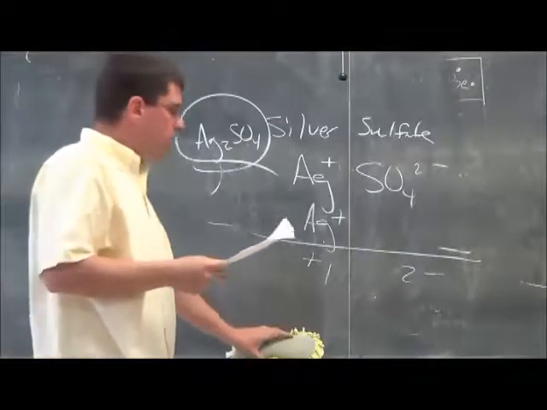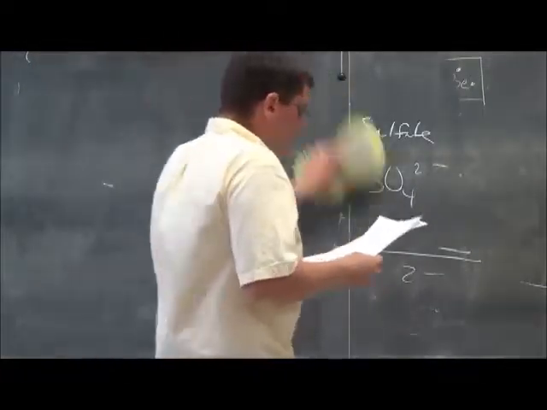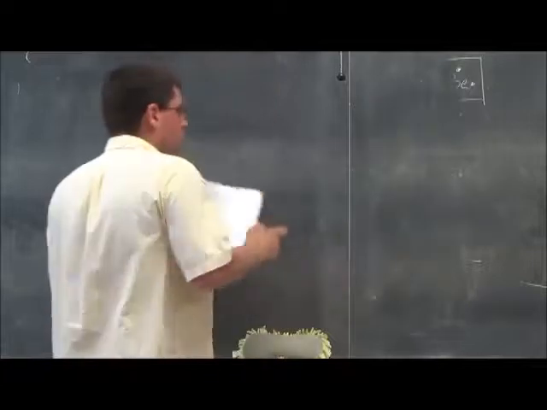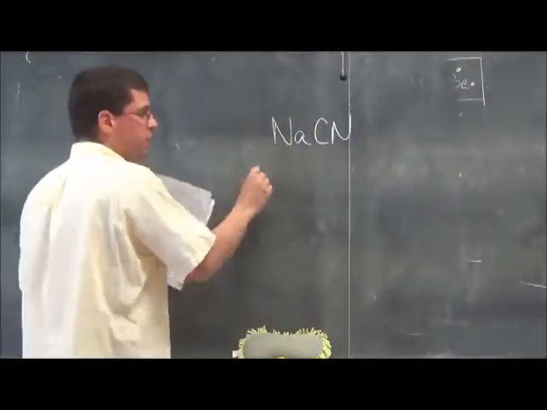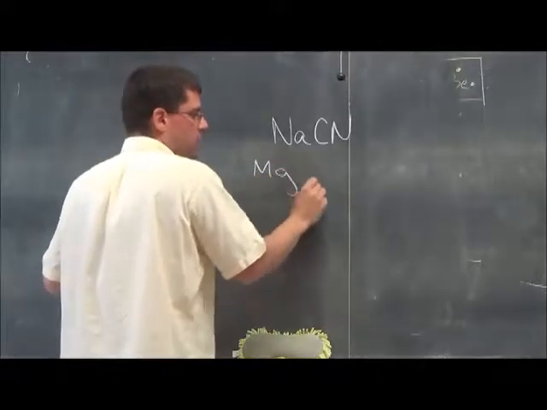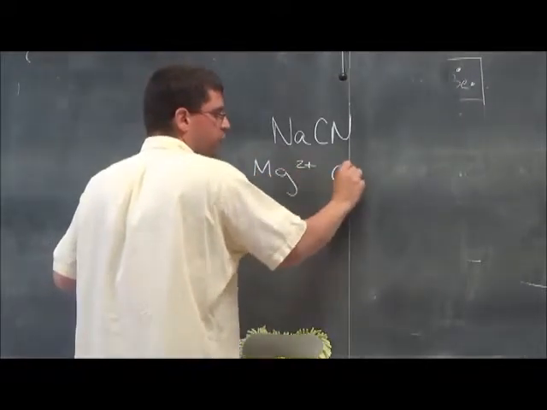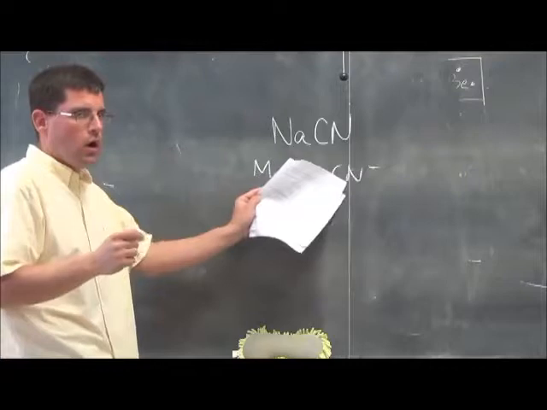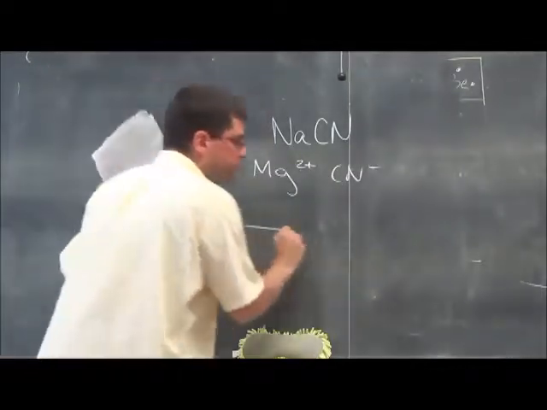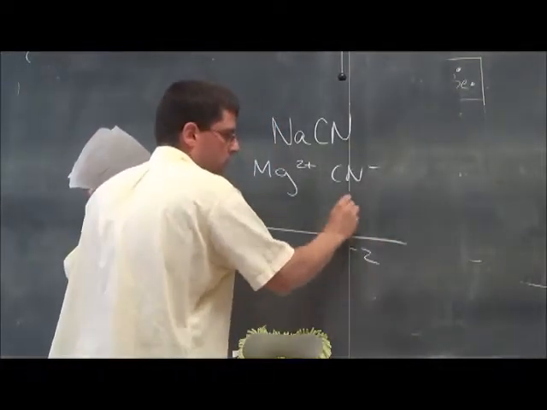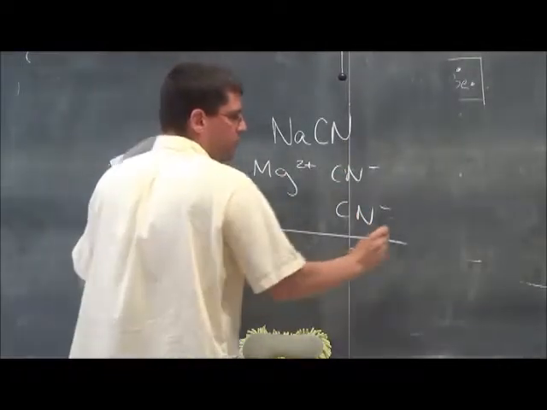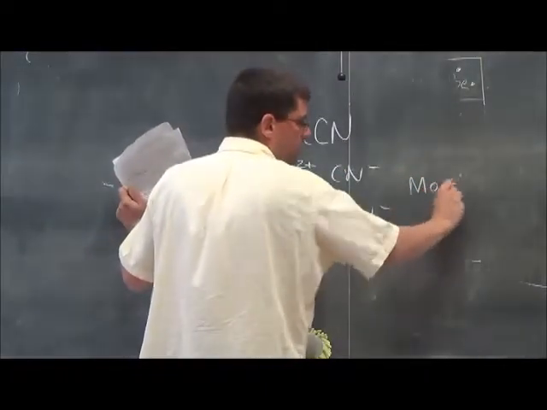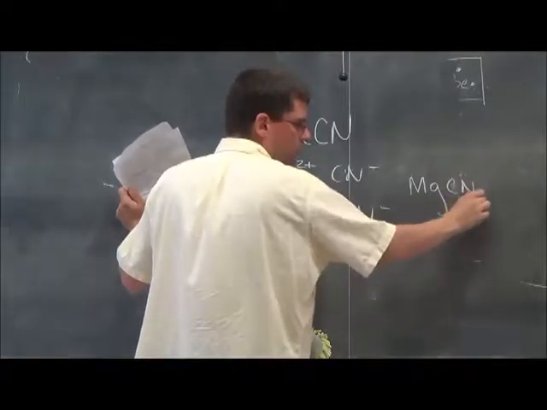Sodium cyanide is NaCN. Real quick, what if I said magnesium cyanide? Uh-oh, be careful. This is why you should do the long trick. How many cyanides? 2. How many magnesiums? 1. It's MgCN2?